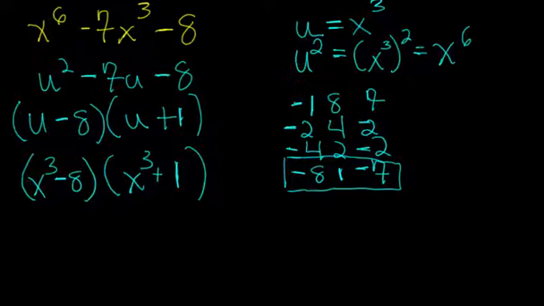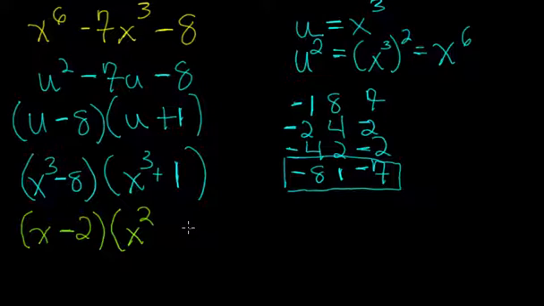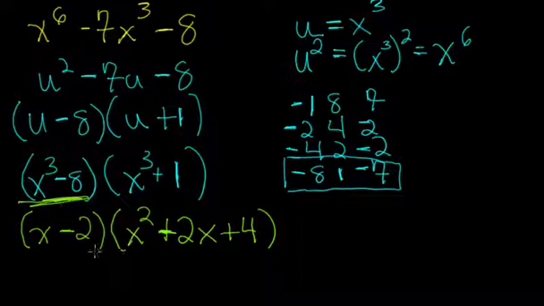So my next step here is I'm going to expand those out. So I get x minus 2 times x squared plus 2x plus 4. And so that was this first term here. It gives me these.